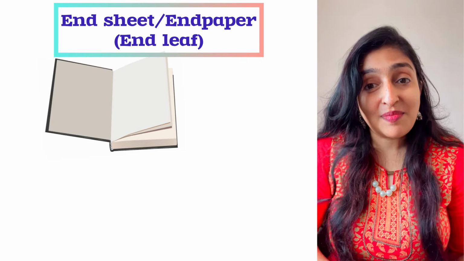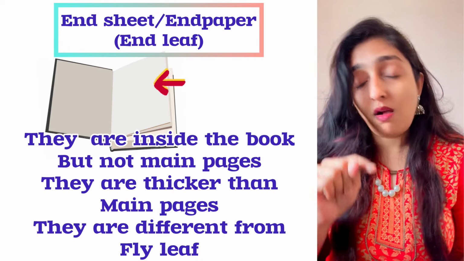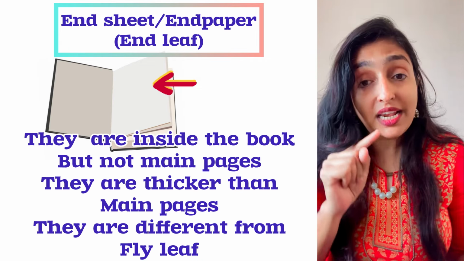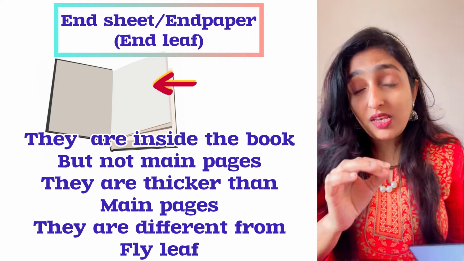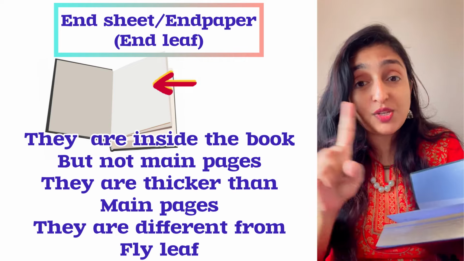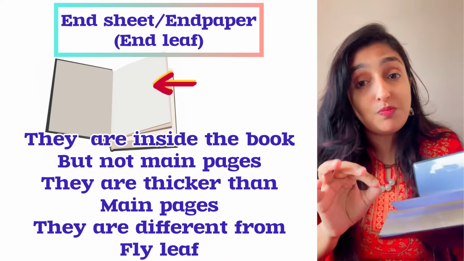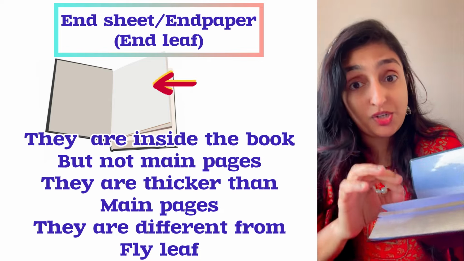The next component is end sheet, also called the end paper, also called the end leaf. Now, these end sheets are inside the book, but they are not the main pages, which means no words are printed on it.